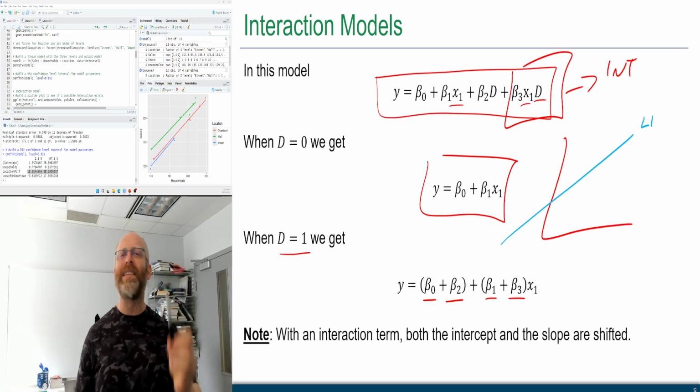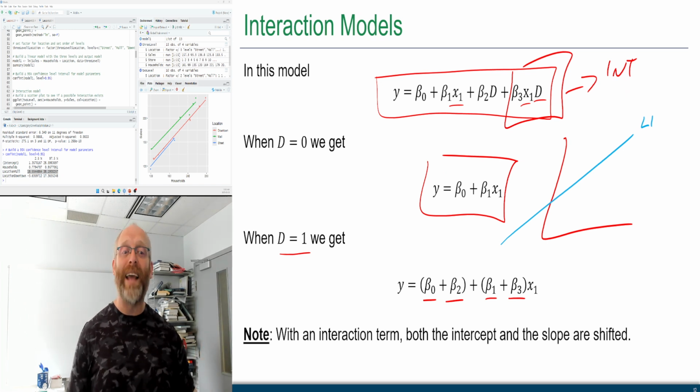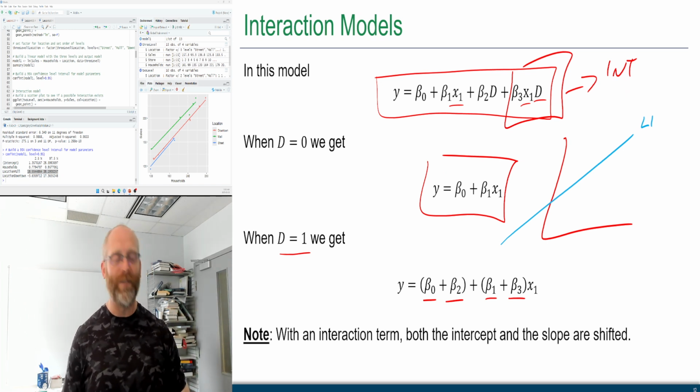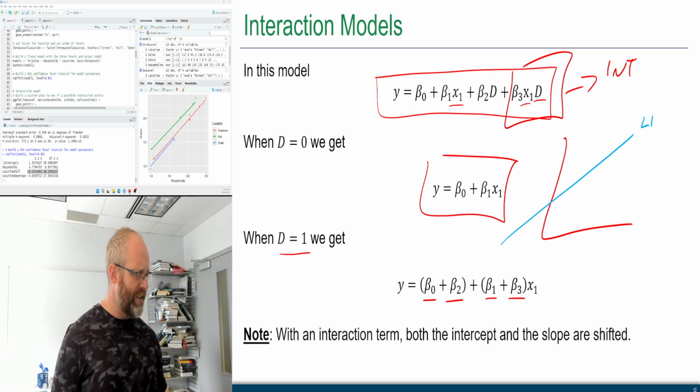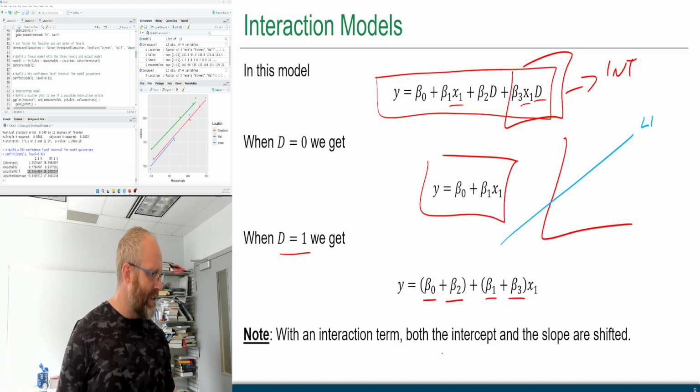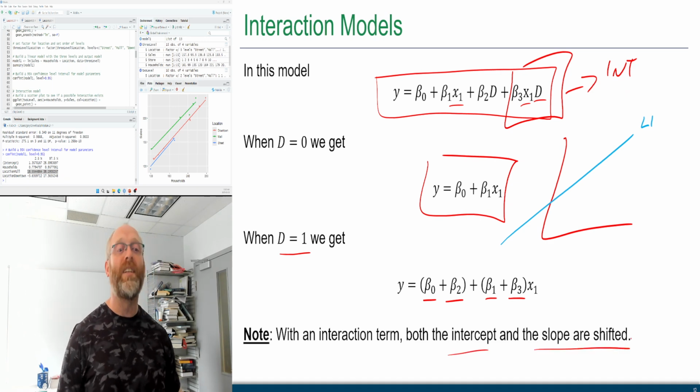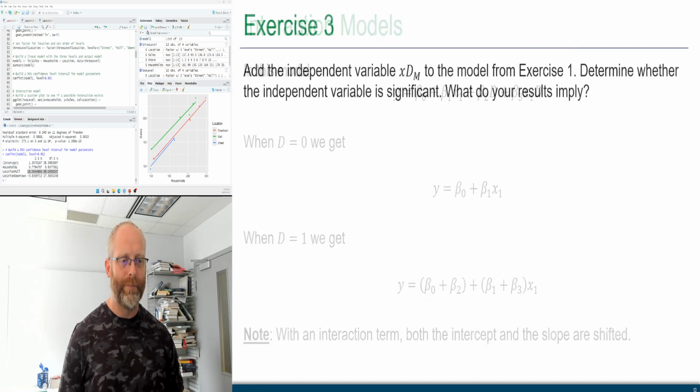Again, I'm only talking about these two things because this example only has one categorical variable and one numerical variable. All right, so things to note, with an interaction term, both the intercept and the slope are shifted, so they're different.